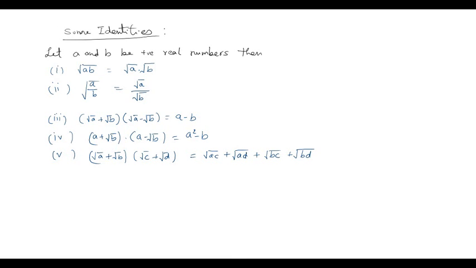And next one is square root of a plus square root of b, the whole square, and it will become a plus 2 times square root of ab plus b. So these are some identities that we need to remember, and we will apply them in the following examples.